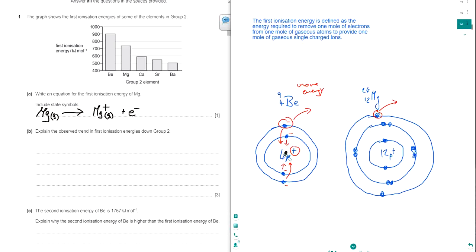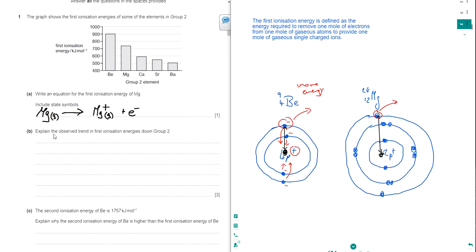As we can see, we say the nucleus is here, the distance from here to here is shorter than the distance from here to here. Being further away from the nucleus, this electron, that means that the forces of attraction of the positive charges will be weaker. The electrostatic force, or the strength of the electrostatic force, decreases with distance.